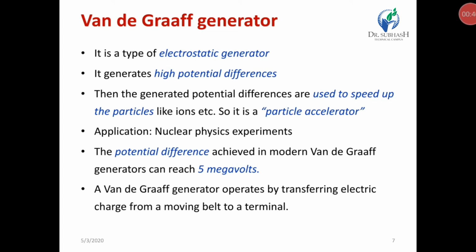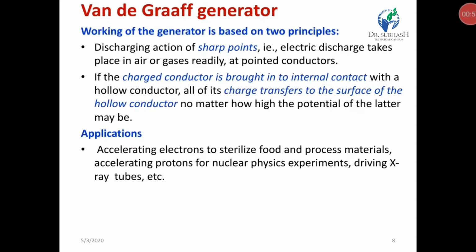A Van de Graaff generator operates by transferring electric charge from a moving belt to a terminal. We will see later how we can transfer the electric charge. Working of the generator is based on two principles. Discharging action of sharp points.